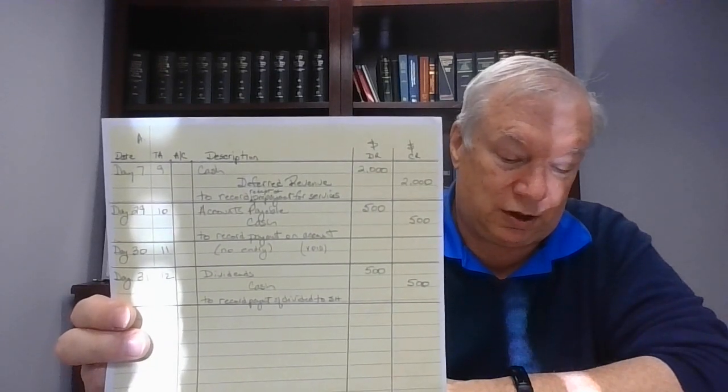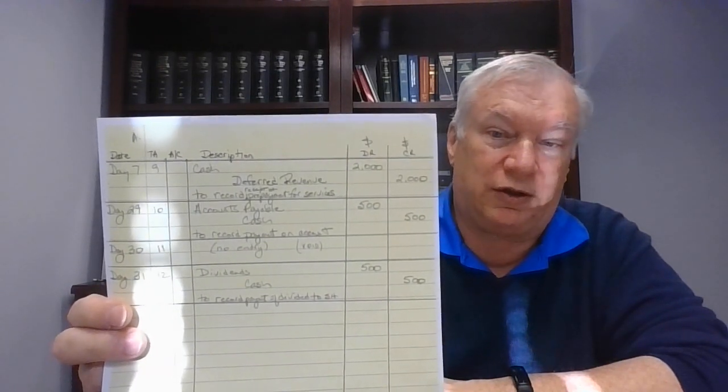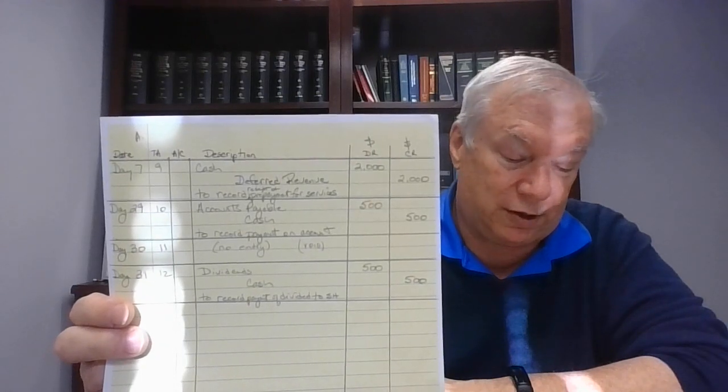Okay, and then on number 11, the 11th entry that we have, Global Corporation agrees to perform services next period for a customer for $3,000. So how do we journalize that entry? Well, that's the trick question.